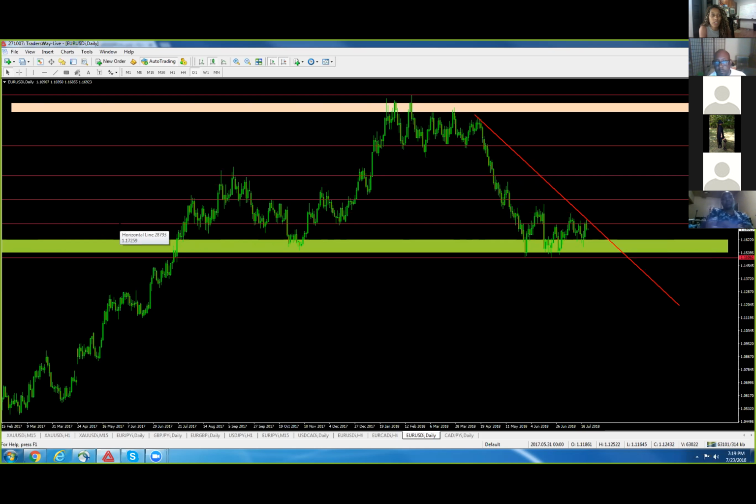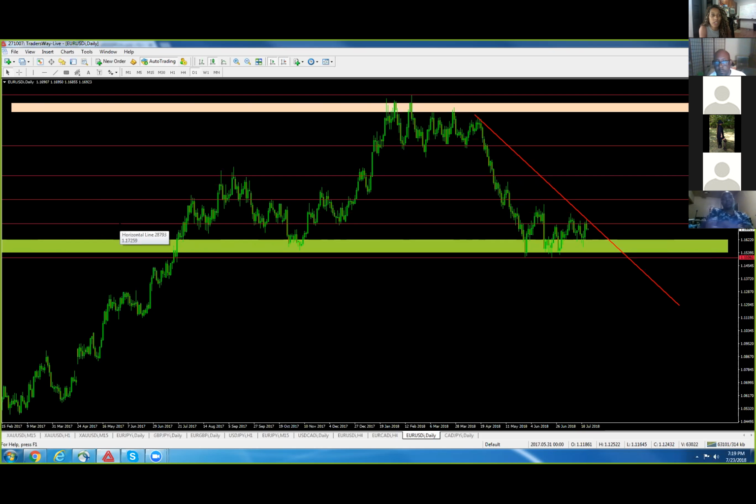The large candle that we got right there, that's still a large candle. Measure that candle. How many pips is that candle? Click on the arrow and go down to where it says price range.